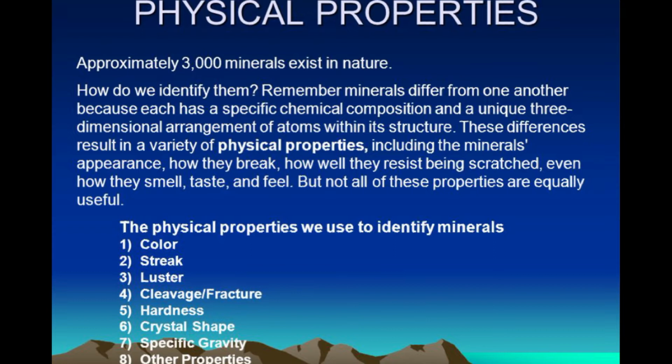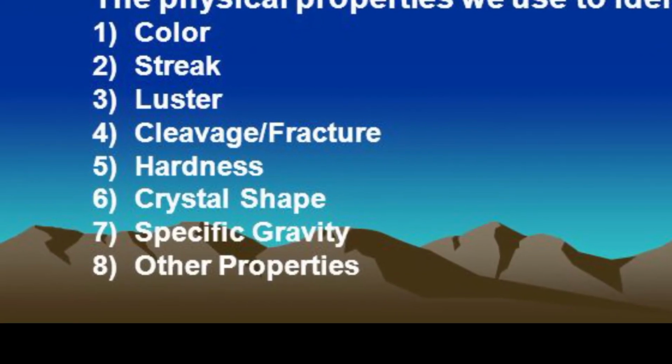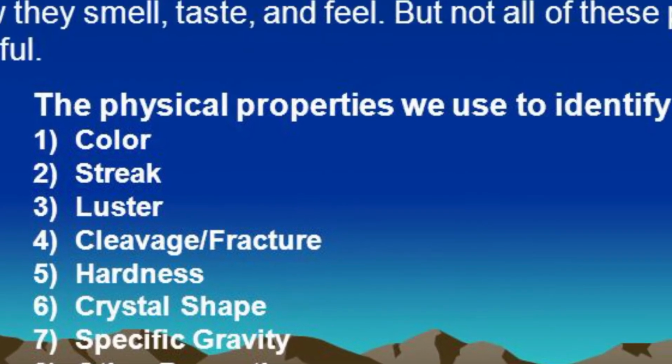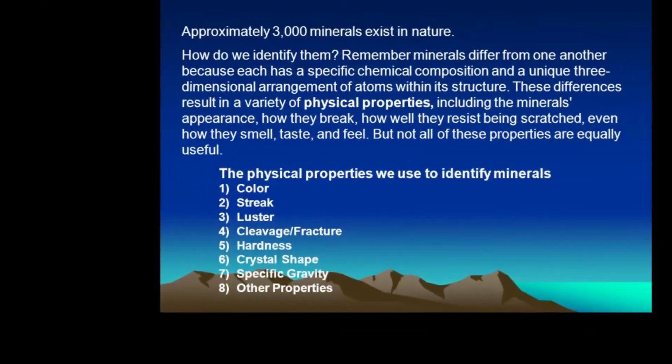But not all of these properties are equally useful. The physical properties we use to identify minerals are color, streak, luster, cleavage or fracture, hardness, crystal shape, specific gravity, and other properties of the minerals.